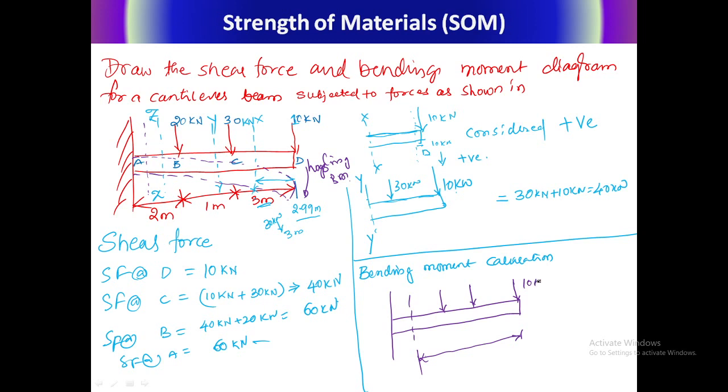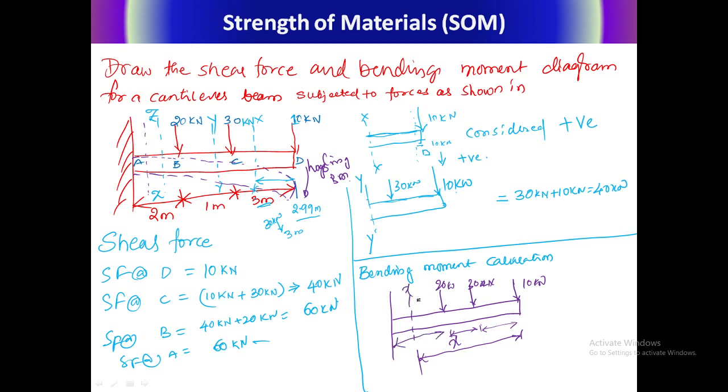Now this is 10 kilonewton, this is 30 kilonewton, this is 20 kilonewton, okay. You need to write an equation such that it has to cover all the loads, okay. So now suppose you want to find out the bending moment at this location as well as at this location, okay.